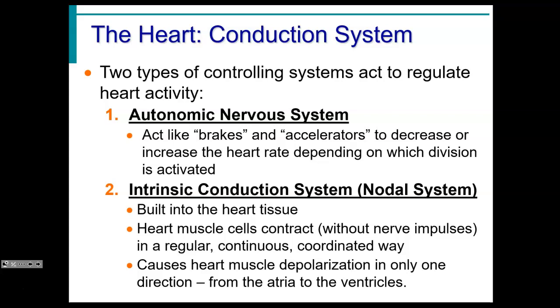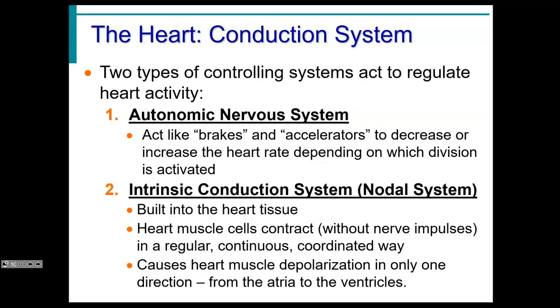Otherwise, you're going to have to think every second, okay, beat. All right, beat. All right, beat. You don't want to have to do that. You won't be able to think about anything else. So your autonomic nervous system takes care of it for you, so you don't have to think about it. It also has checkpoints in it, and a monitoring system to make sure that the beat is happening every time.